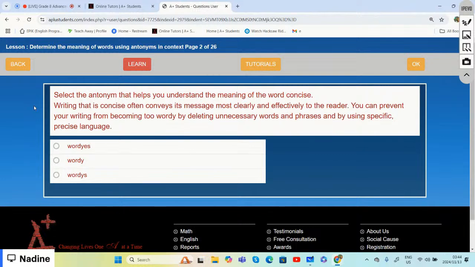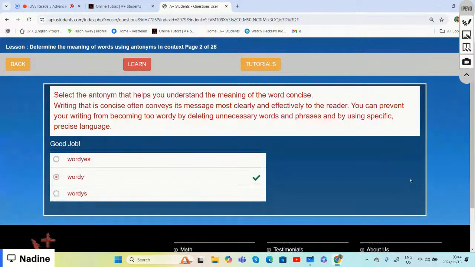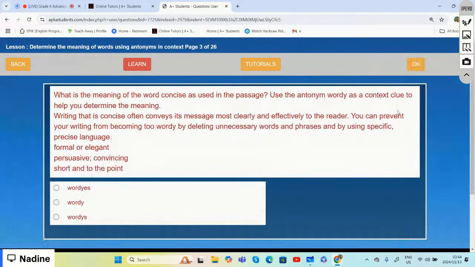And if we were to select the antonym that helps us to understand the meaning of the word concise, right? Then we can say it is too wordy. Too wordy. Wordy is the opposite of concise.